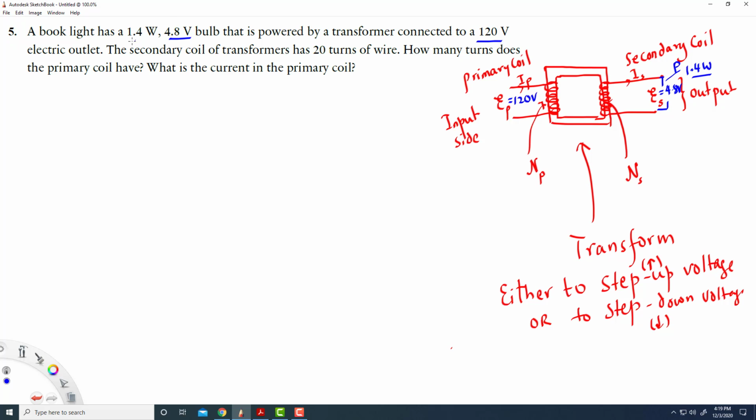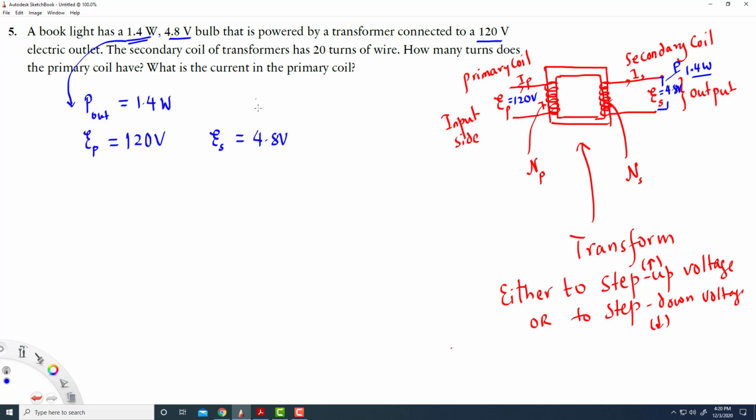Whenever you see the term watt, that's the power. Power output is 1.4 watt. So we have E primary is 120 volts, E secondary is 4.8 volts.